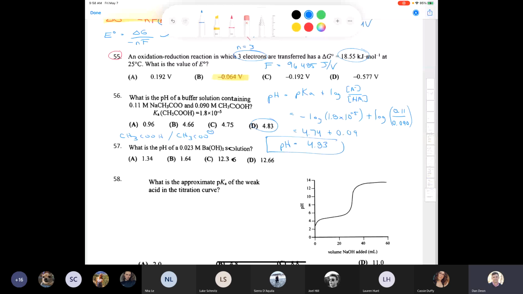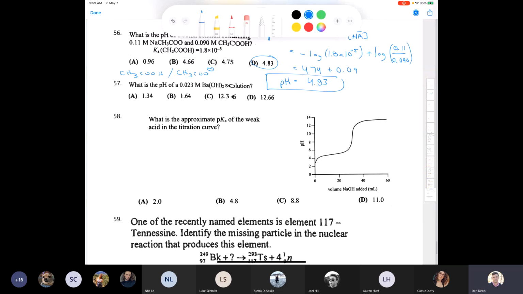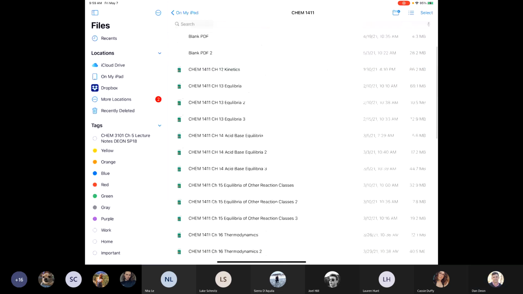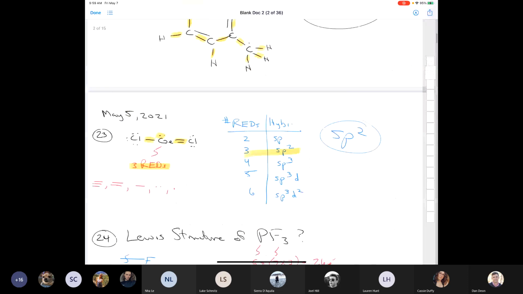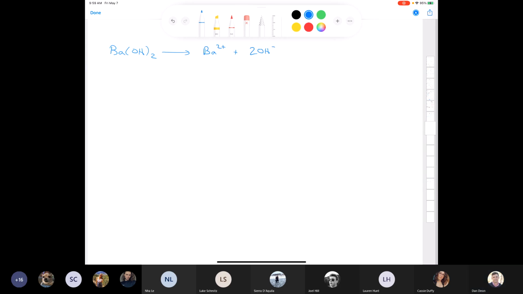Here we go. Number 57, what is the pH of a 0.23 molar barium hydroxide solution? If we have a solution of barium hydroxide, when that dissociates, we get the barium cation, plus we get twice the amount of hydroxide ions. They told us that our initial concentration of our barium is 0.023 molar.